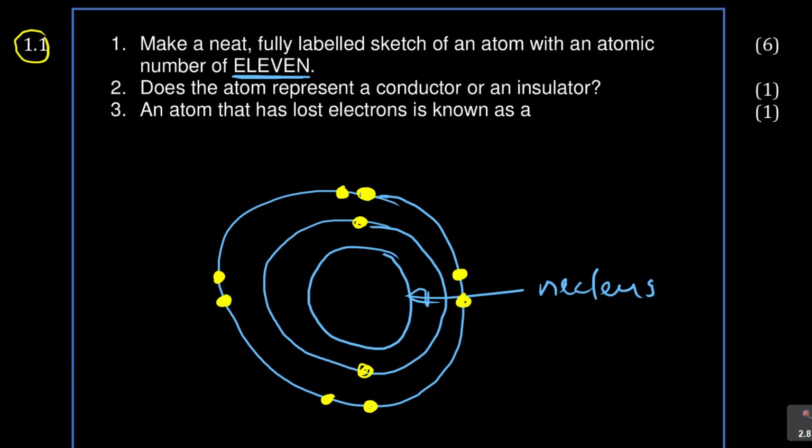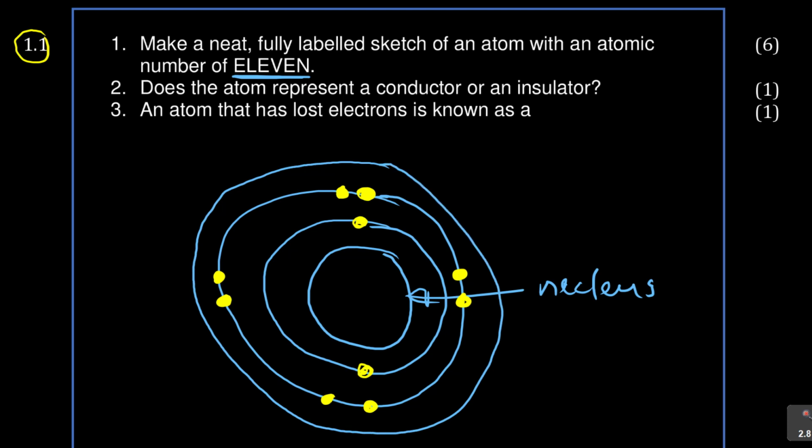So 2 in the first shell as well as 8 outside, and then you've got the last shell like that, and the last shell is going to have how many electrons? It's going to have 1 electron. So if you count all these, you can see that you have got how many electrons? You have got 2 plus 8, which is 10, plus 1, which is 11. So here, just as a reminder, the electrons, it's 11 electrons.